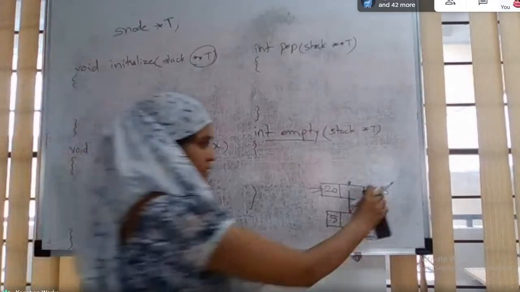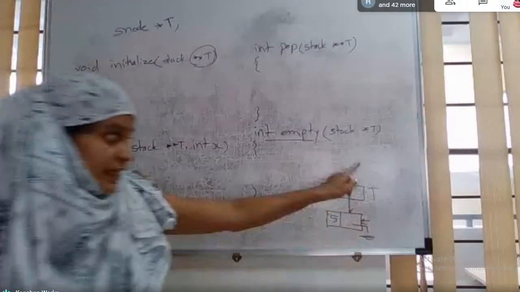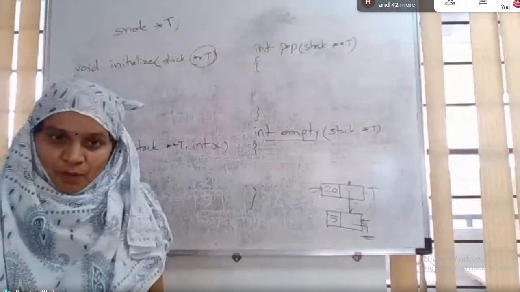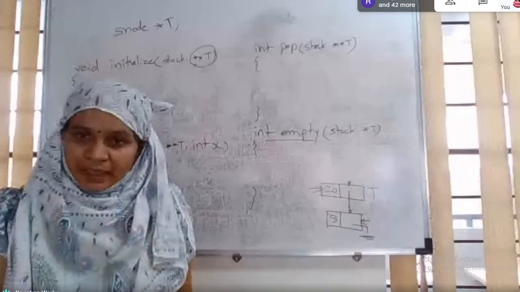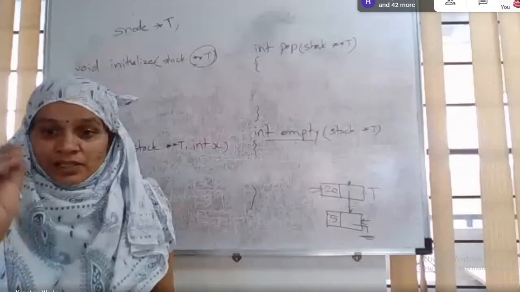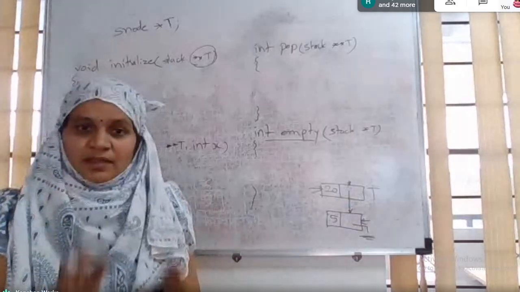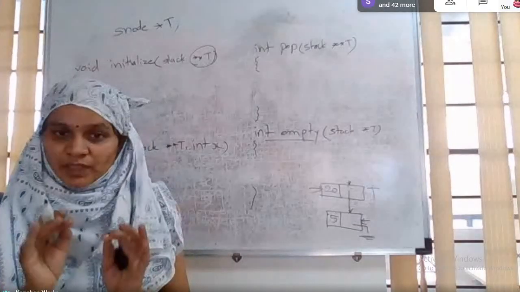Now instead of top, I will write T, because I have pointed to top as T. If you are using top, then also okay. If you are using simple T, then it is also okay. Just remember what that T means. T is nothing but the top pointer pointing to the last element of the stack.